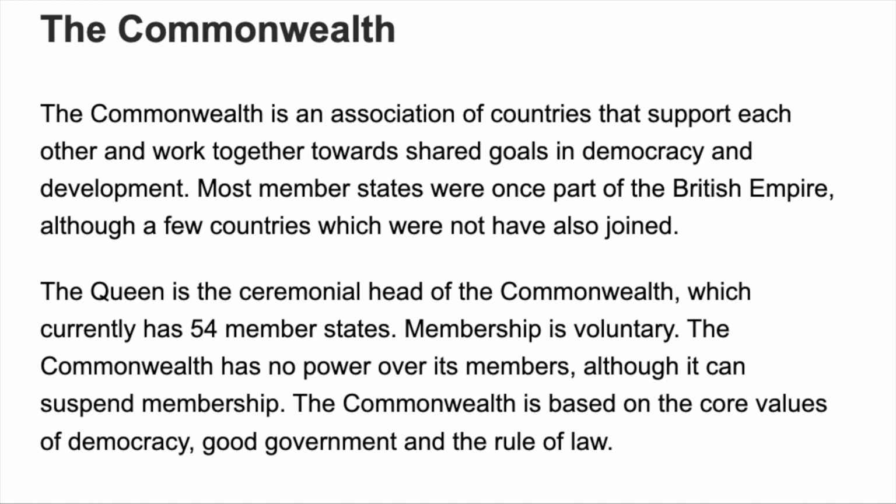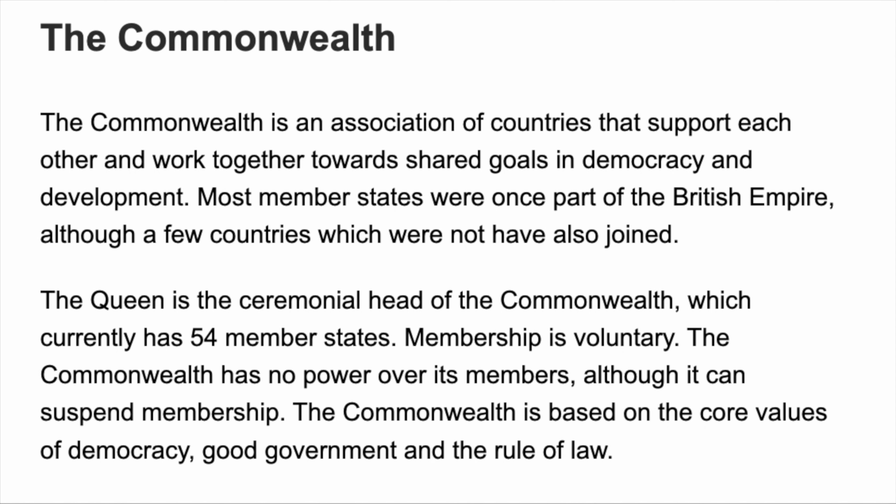The Queen is the ceremonial head of the Commonwealth, which currently has 54 member states. Membership is voluntary. The Commonwealth has no power over its members, although it can suspend membership. The Commonwealth is based on the core values of democracy, good governance, and the rule of law.